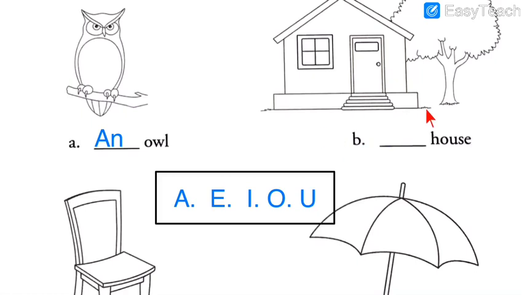The next one beside it is dash house. House starts with H. Is H a vowel? A, E, I, O, U. No, H is not there in the vowel list. So it is a consonant. So if it is a consonant, we will write a. A house. Very simple.